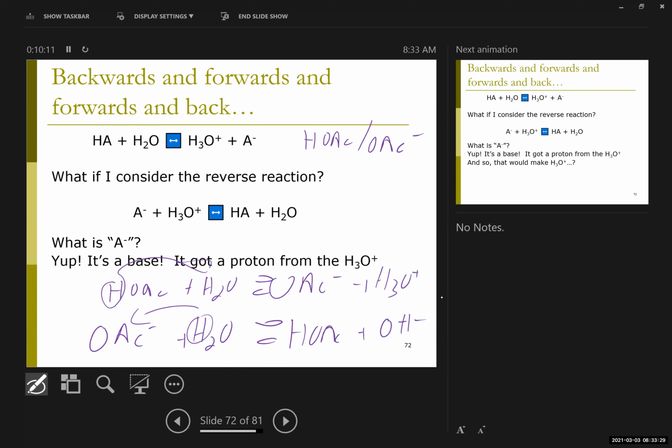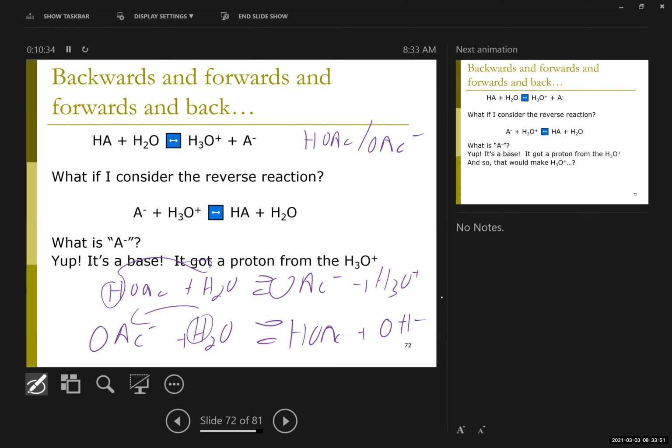And so in a very real sense, I never have one of the pair in water. If I start with acetic acid in water, I get both acetate and acetic acid. If I start with acetate in water, I get both acetate and acetic acid.